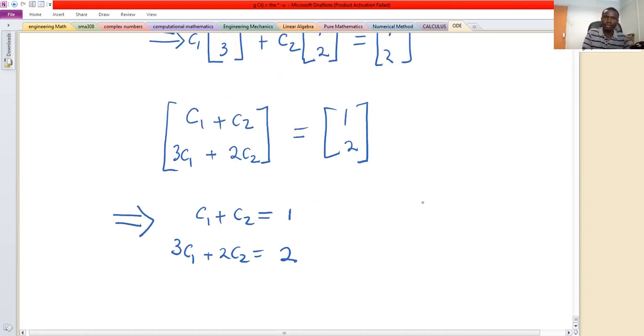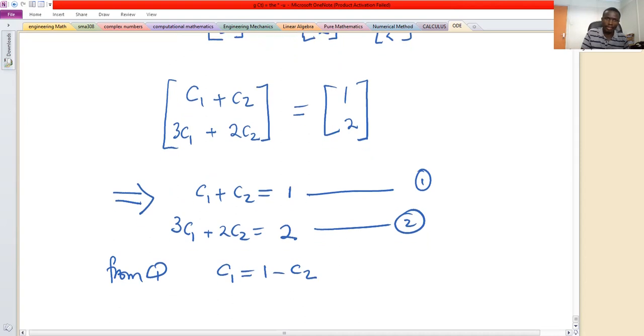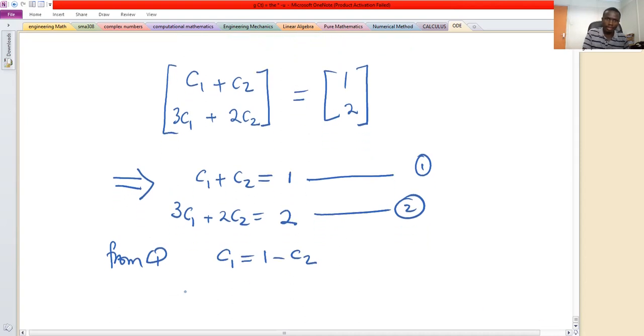So if we call this one equation 1 and this one equation 2, then from 1, C1 is 1 minus C2. So we replace C1 in the second equation by this. So 3 times (1 minus C2) plus 2C2 equals 2.